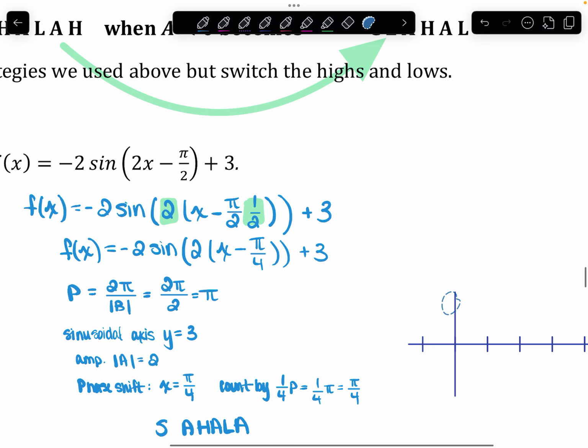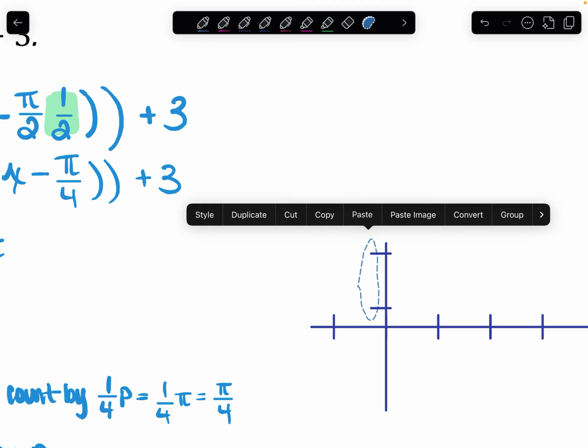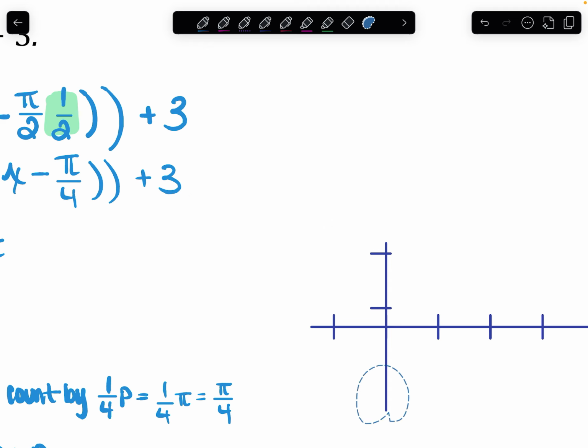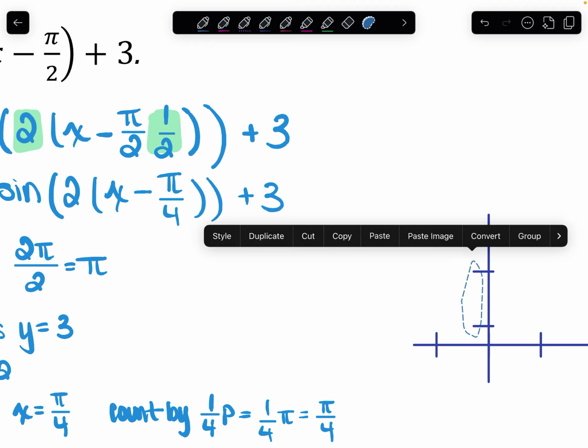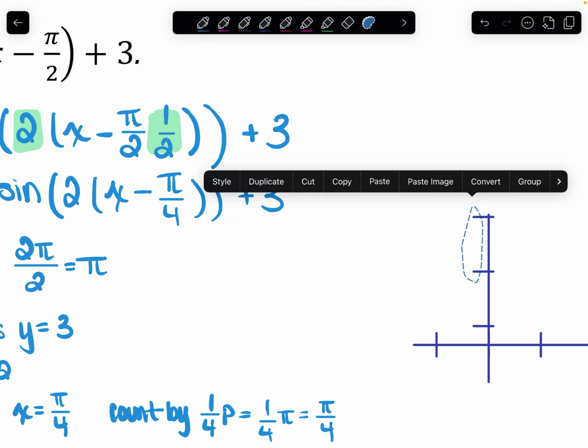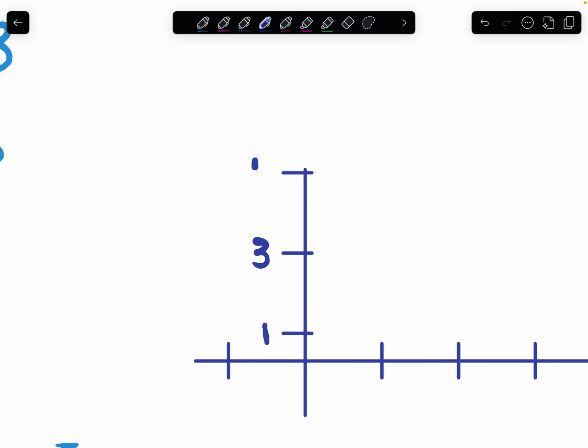Axis is at 3, going up and down 2. So 3 down 2 is a minimum of 1, and 3 up 2 is a max of 5. So axis 3, down 2, up 2.